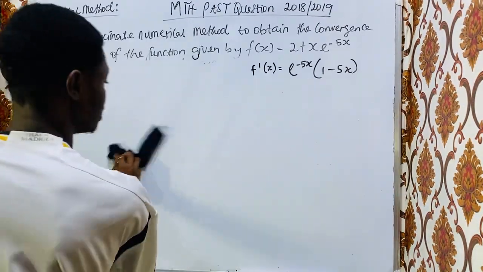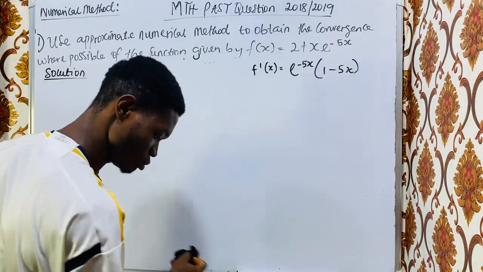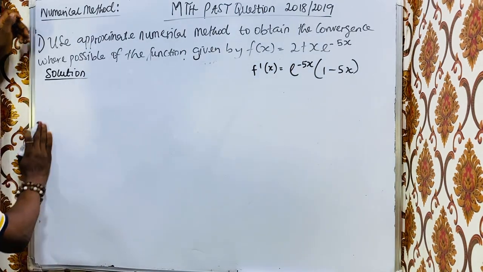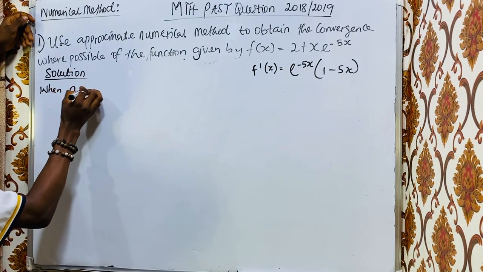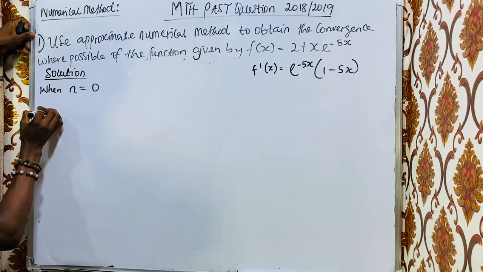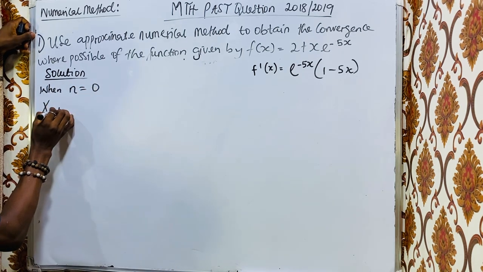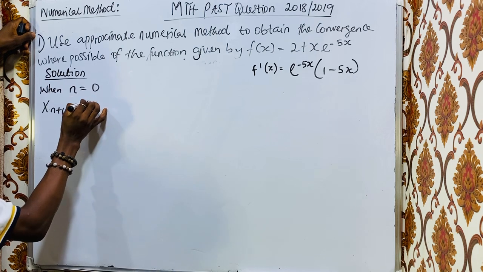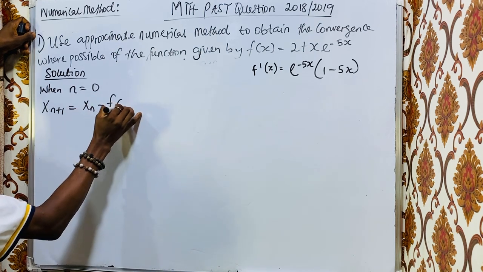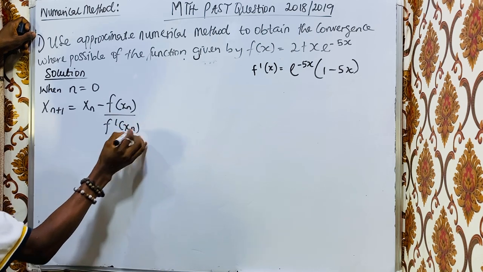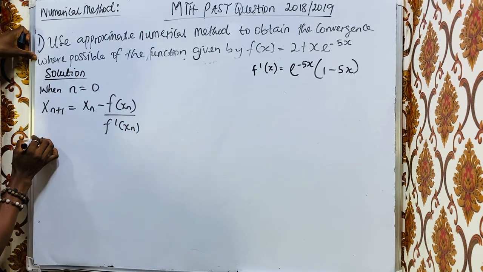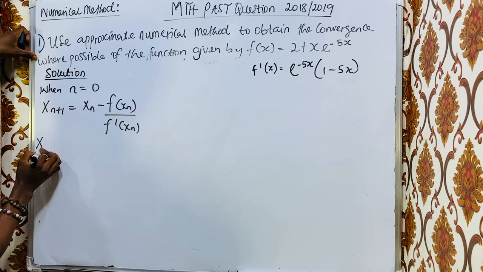So when n is 0, we are going to have, remember our formula, x n plus 1 is equals to xn minus f of xn all over f prime of xn. So when n is 0, we are going to have now x of what?